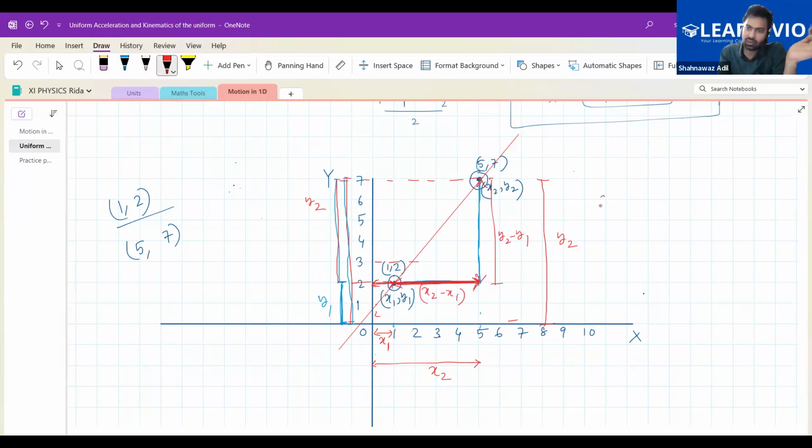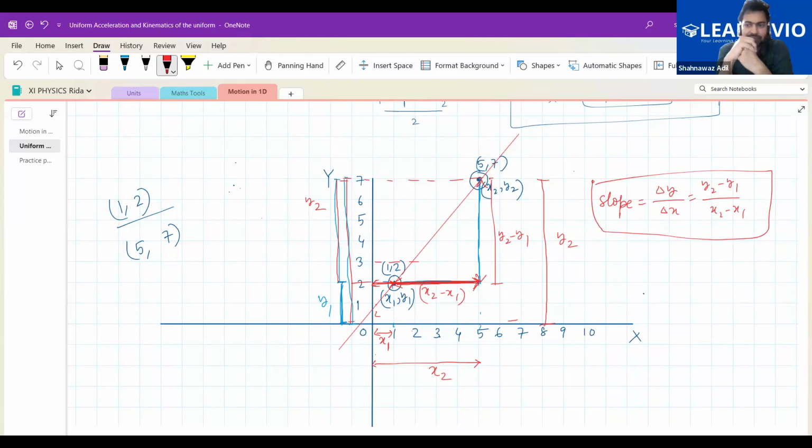So to calculate the slope, we just write change in y divided by change in x: y2 minus y1 over x2 minus x1. When I was talking about differentiation, I talked about this, right? Yes, sir. So this is the slope of the graph. How do we calculate the slope of the graph? We pick two points.